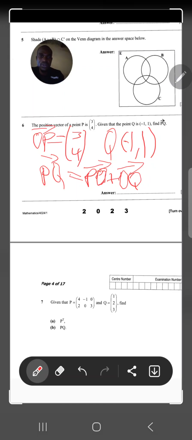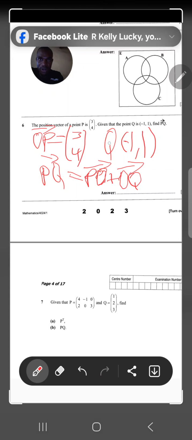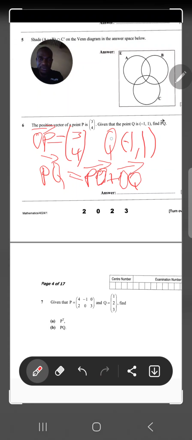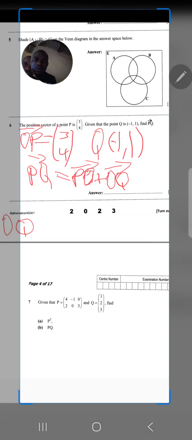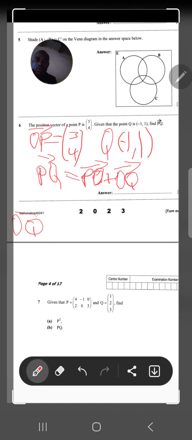Okay, so first and foremost, let us write Q as a position vector. So if we write Q as a position vector, it will be like this: vector OQ will be equal to -1 and 1. That is our position vector.